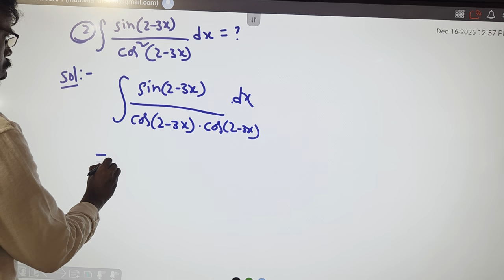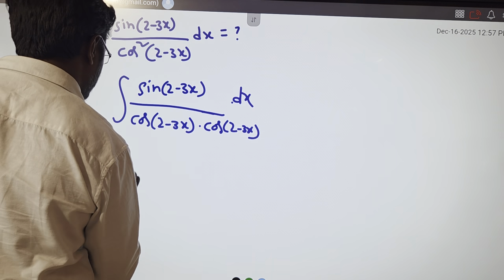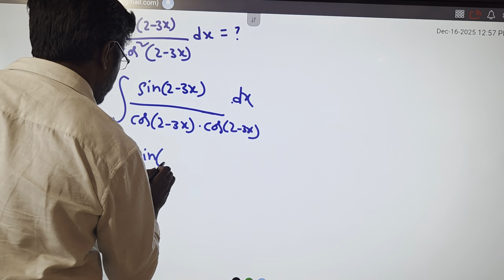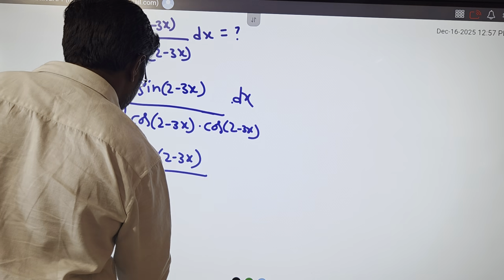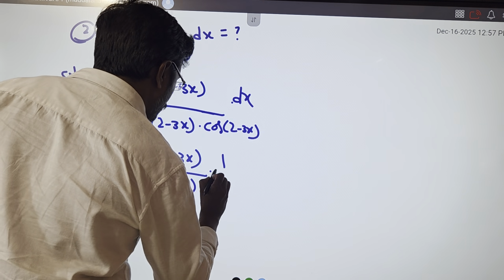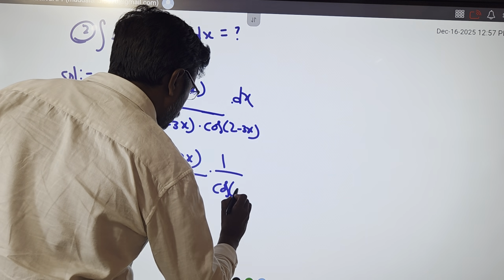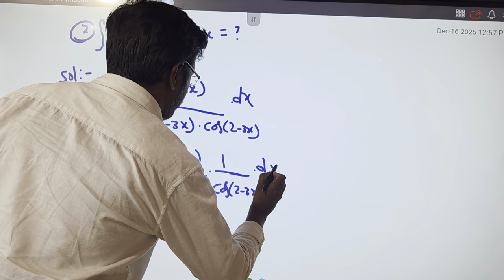So now we can write it like this: integral sin of 2 minus 3x by cos of 2 minus 3x, into 1 by cos of 2 minus 3x dx.